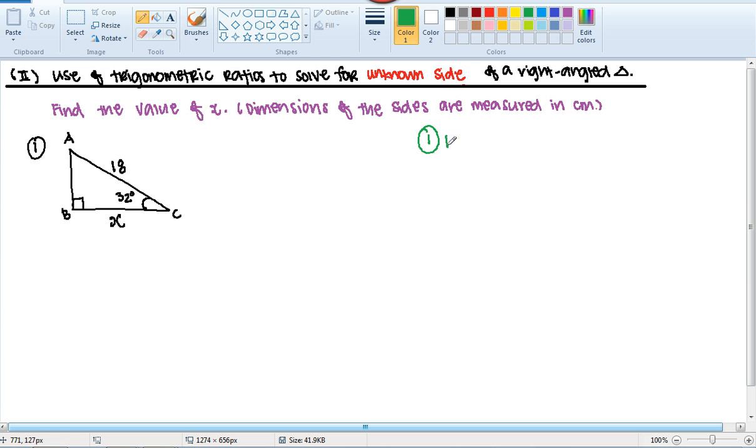Okay, so first step, you must always remember to identify the three sides with respect to the given angle.